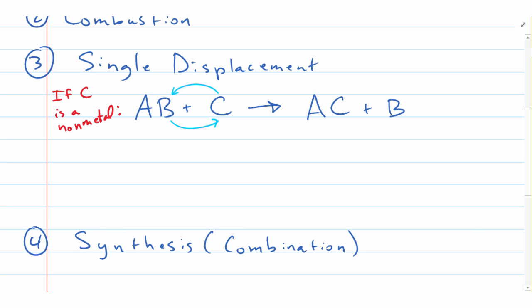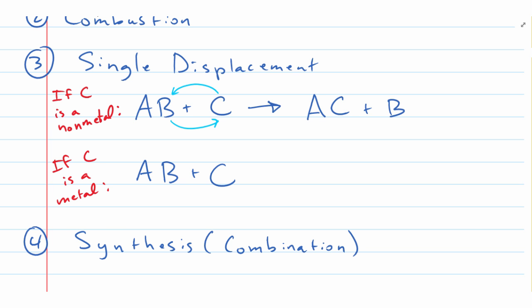Now we could have another situation where we have a reaction AB plus C, and C is a metal. So we could say if C is a metal.